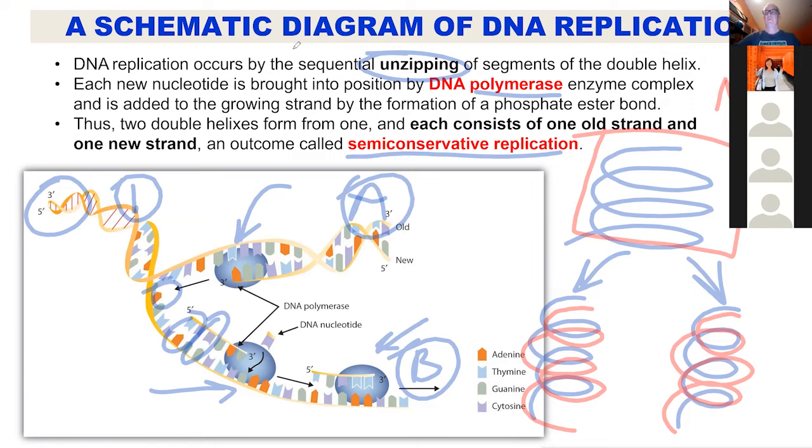But if you grow these bugs in the presence of heavy nitrogen, they showed that the old strand had old nitrogen in it, and the new strands had heavy nitrogen in it. That proved it, because people didn't know whether one new helix would be completely the same as this one, and the other one would be a copy, or how it worked.